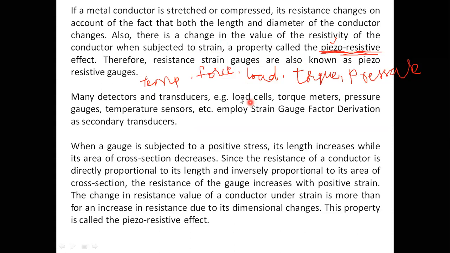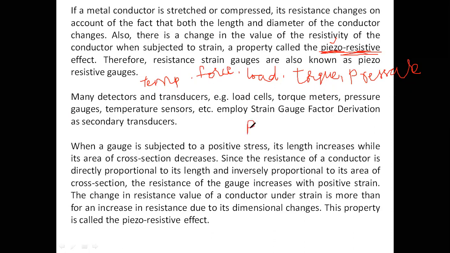The strain gauges must possess a property such that if inputs like temperature, force, load, torque, pressure are applied, then depending upon the magnitude of these inputs, the resistance of the instrument must change.